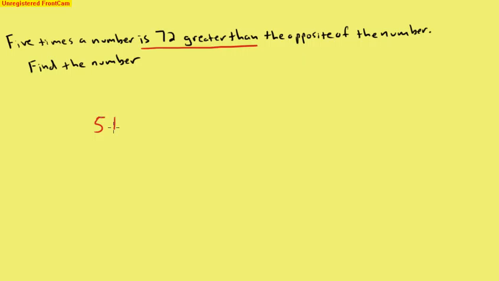So I leave space again. 5 times a number, skip this part, the opposite of the number. If I think about my scale, it's not equal. This is a lie. 5n does not equal negative n. 5 times the number is 72 greater than.